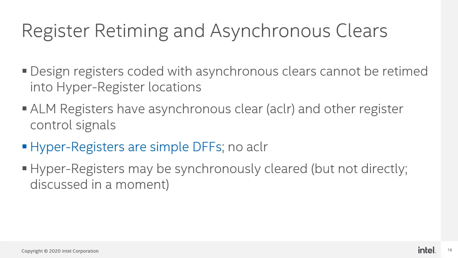Probably the single most common retiming restriction is the use of asynchronous clears on registers. Why are asynchronous clears such a big problem? The reason is because hyper-registers are simple D flip-flops, and as such, they do not have asynchronous clear ports. ALM registers in the logic array do, but hyper-registers do not. They may be synchronously cleared, but we'll talk about how that is done later.